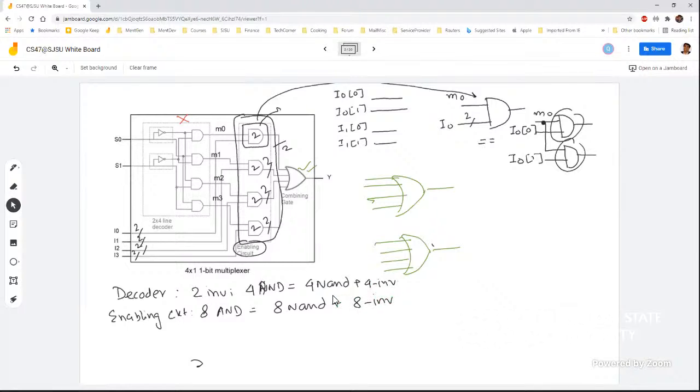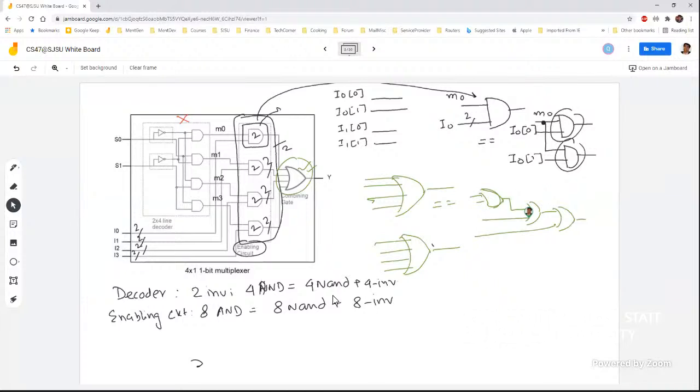And about this OR, let's do it the other way. This is equivalent to this.